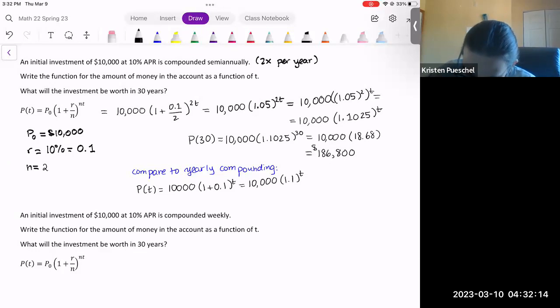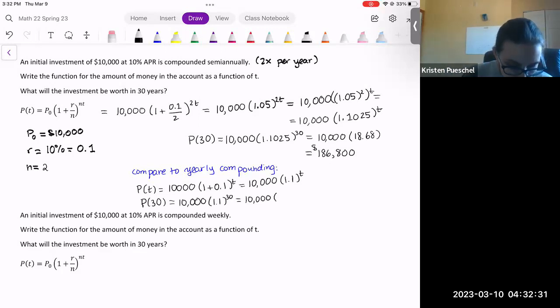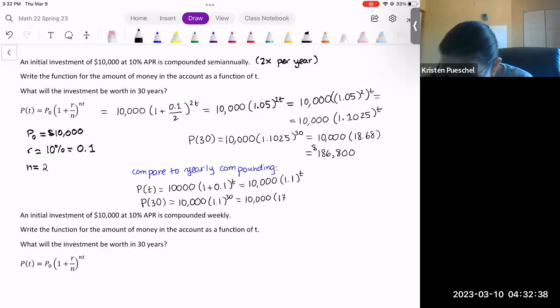And we saw that at 30 years, this is 10,000 times 1.1 to the 30. You can put this into our calculator, and we get 17.45, or $174,500.